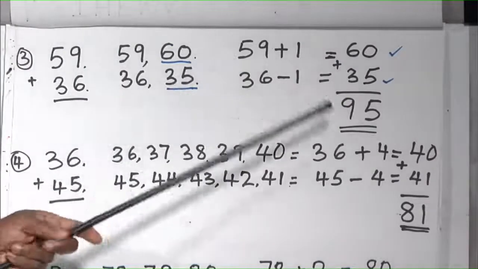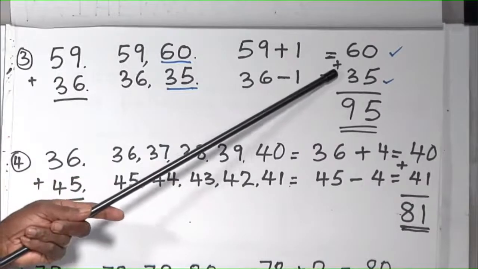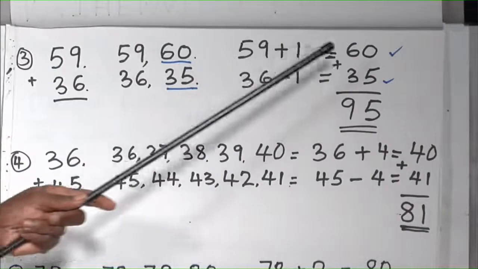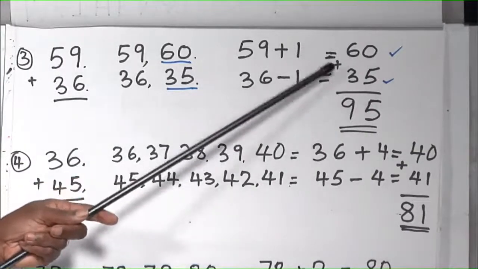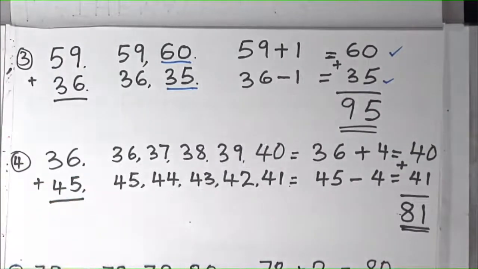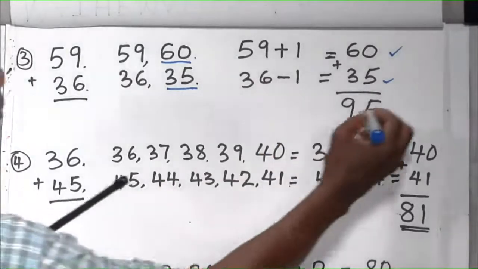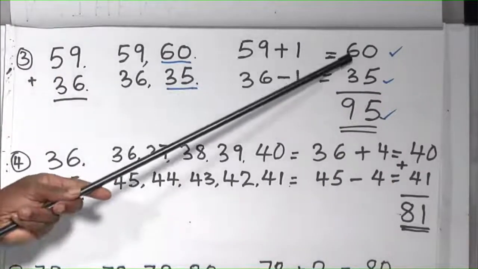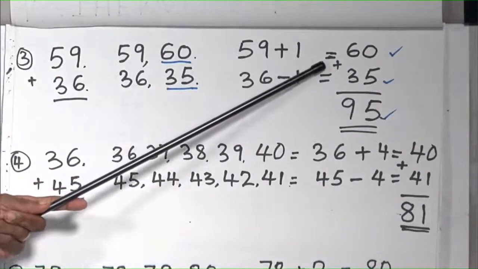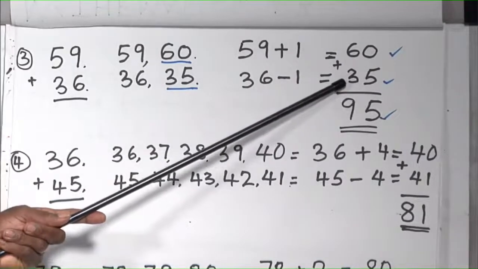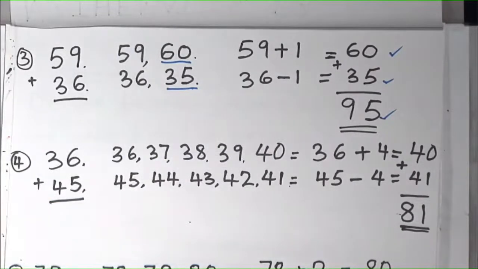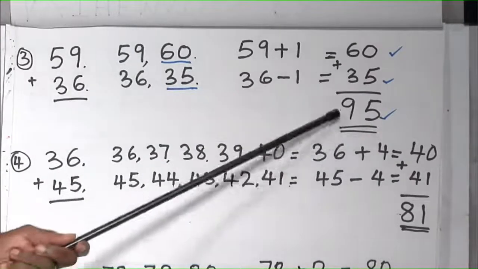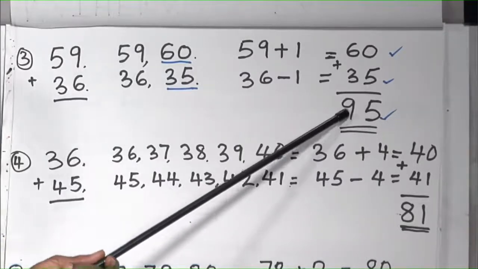Now it becomes 60 plus 35. 0 plus 5 will give us 5. 6 plus 3. 6, 7, 8, 9. That will give us 95.